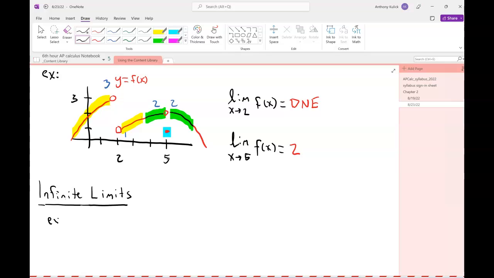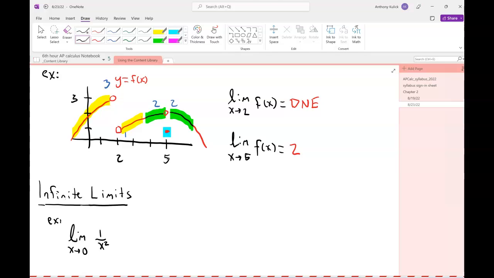So let's look at a couple of examples. Let's start with the limit as x approaches 0 of 1 over x squared. If I were to ask you to evaluate what this limit is, what could we do?